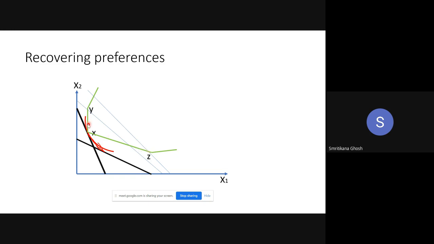But Z and Y, they are not indifferent. Z is preferred to X, Y is preferred to X. So the indifference curve which will pass through X should not go through Y and Z. Is it okay?